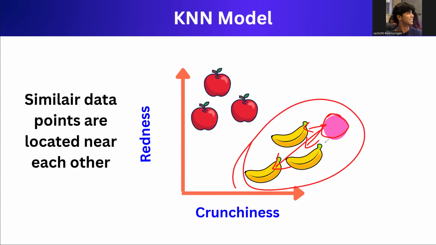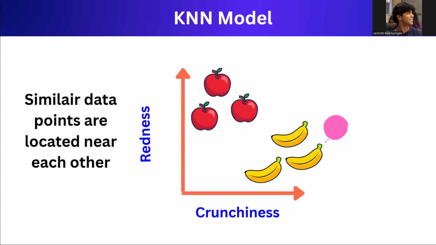But for example, if we had a data point over here, it's going to be more classified as an apple. But what if it's here, right? How can we know? Because it's closer to this apple and this banana. It almost looks the same. How does a computer know which one to classify it as? Well, we're going to learn that today.